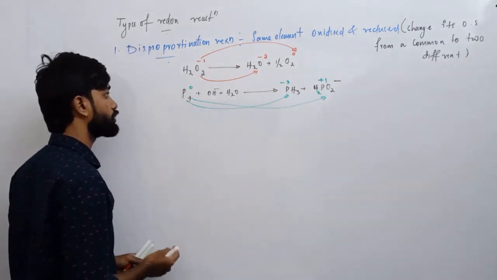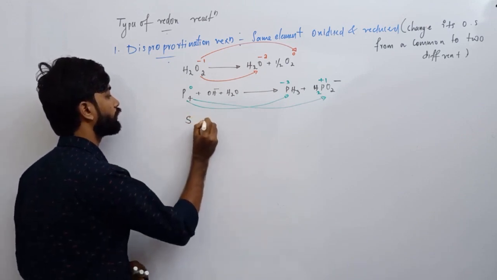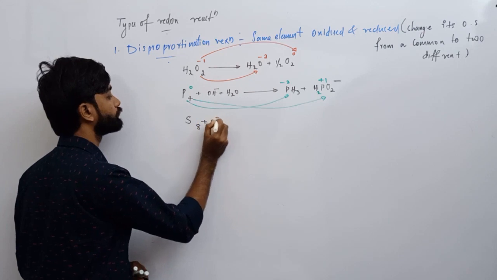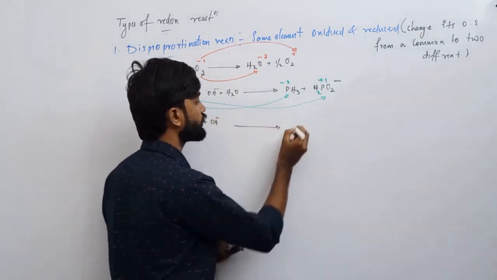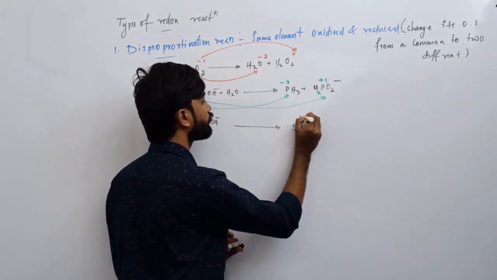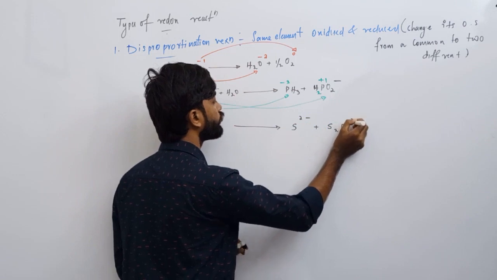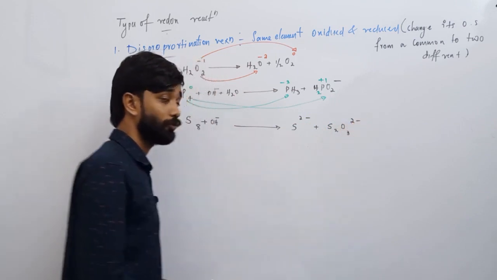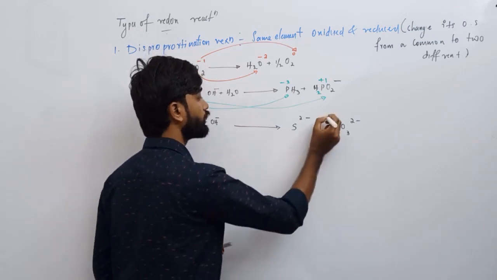The next is sulfur in basic medium. Sulfur in basic medium is oxidized and reduced to form sulfide ion and thiosulfate ion. I think you are familiar with this.